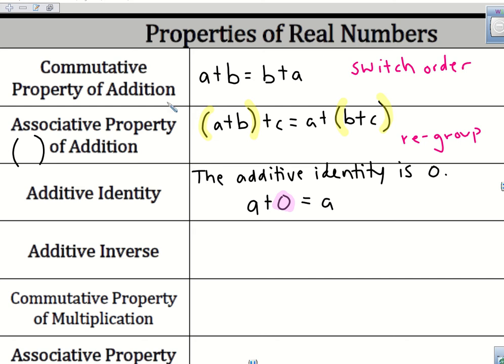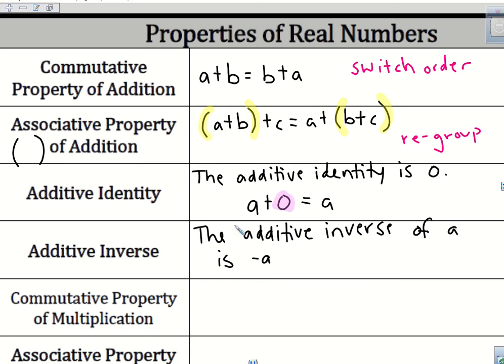Additive inverse. I want you to write here, the additive inverse of A is negative A. Okay.